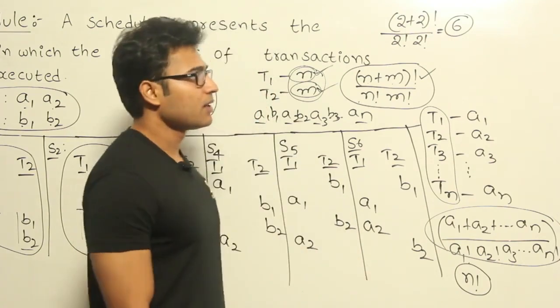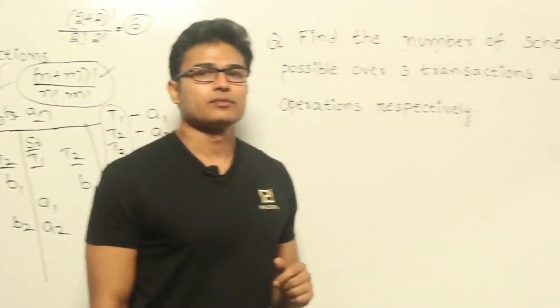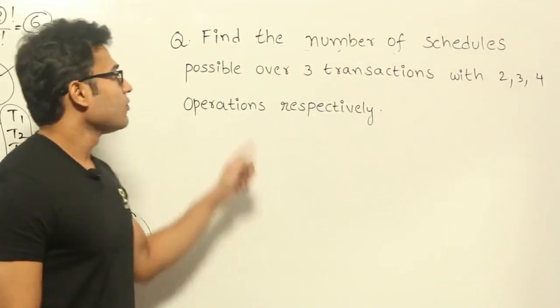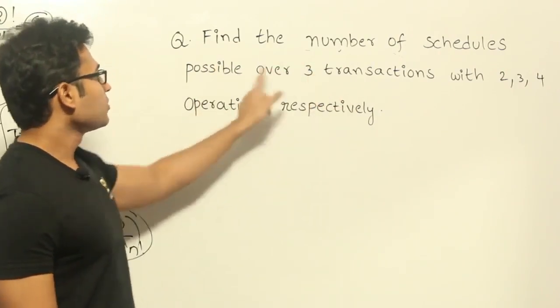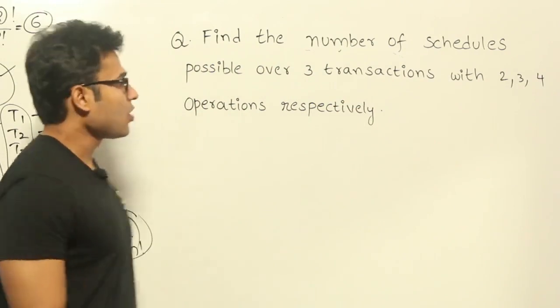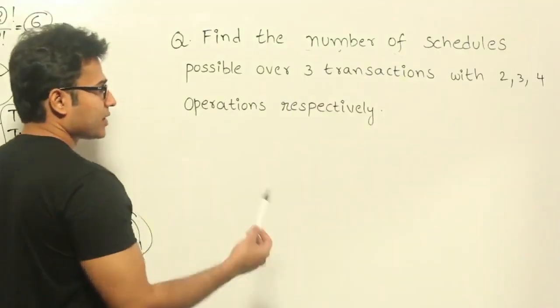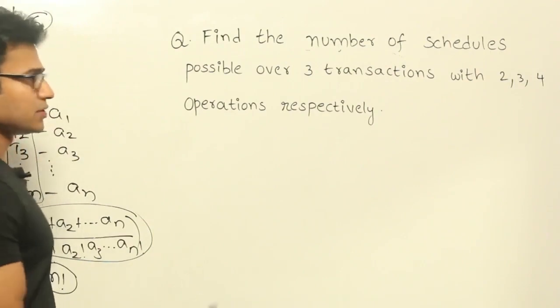Got it? Okay. Now let's look at this problem. Find the number of schedules possible over 3 transactions with 2, 3, 4 operations respectively. They are asking about the total number of schedules possible.